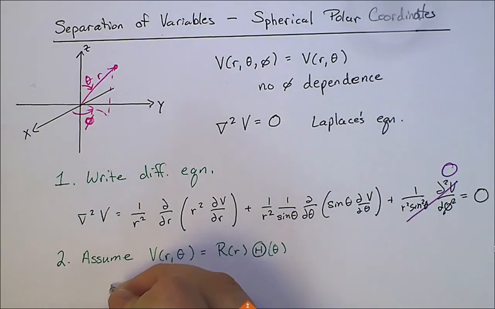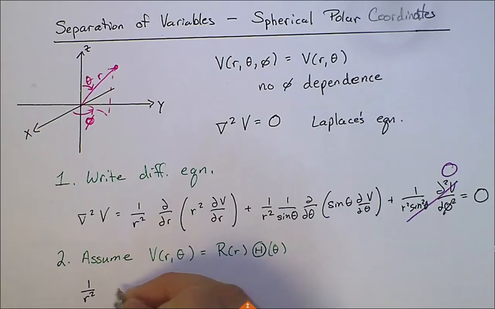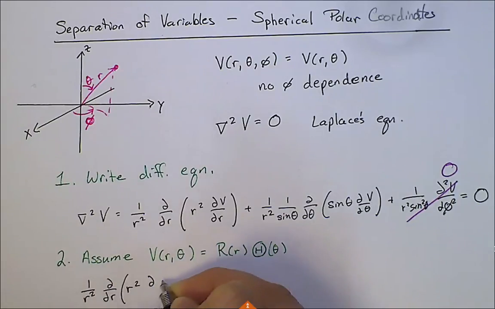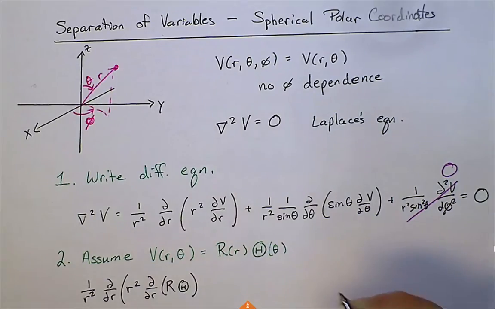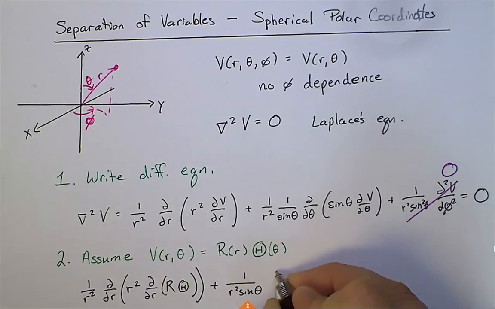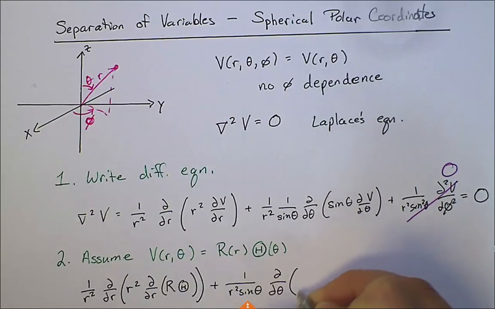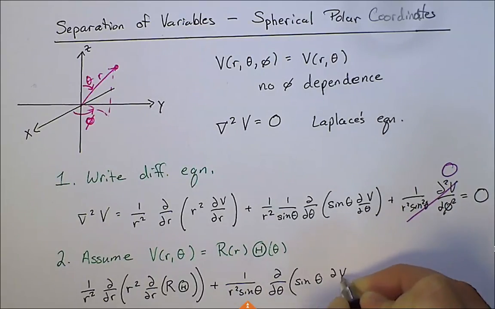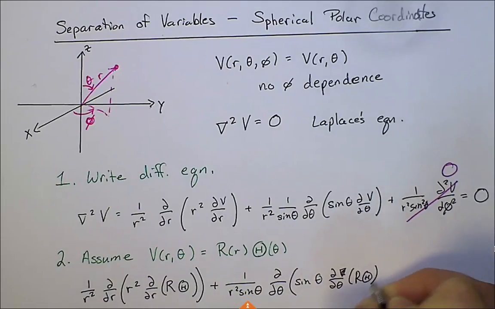So I am going to assume that I can write these out in this way, and I'm going to write 1 over r squared, the partial with respect to r of r squared, the partial with respect to r of R times capital Theta, plus 1 over r squared sine theta, the partial with respect to theta, sine theta, the partial with respect to theta of R capital Theta.